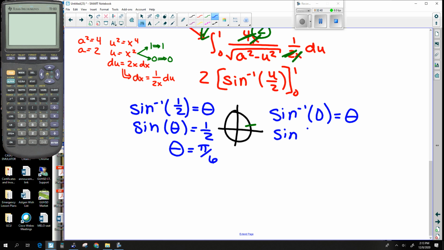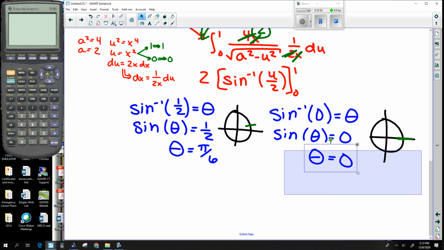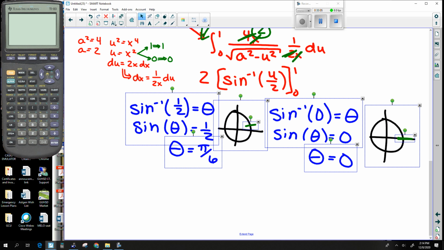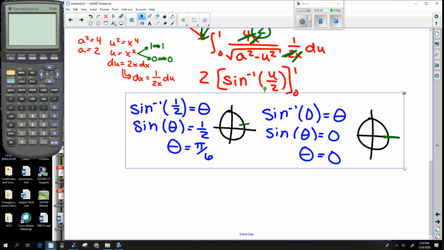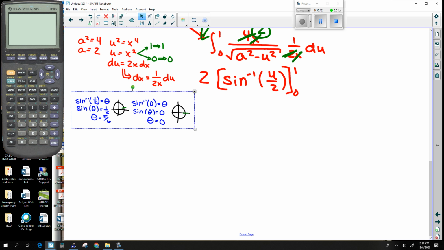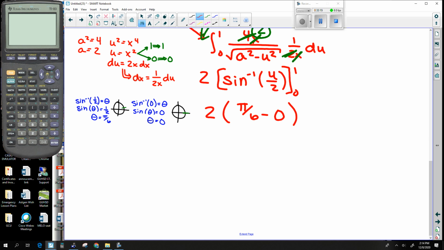So that makes the sine of my angle equal to 0. So where is the y coordinate equal to 0 for angle? It's right there. And that is 0. Okay, so this is 2 pi over 6 minus 0, and so this is pi over 3.